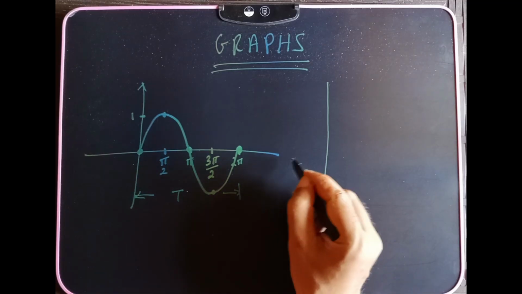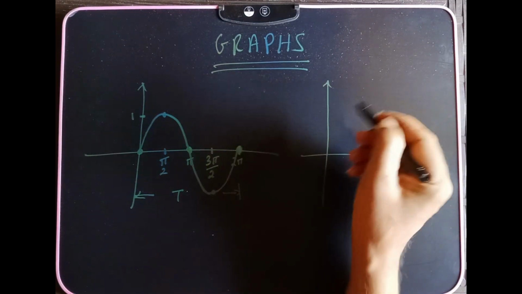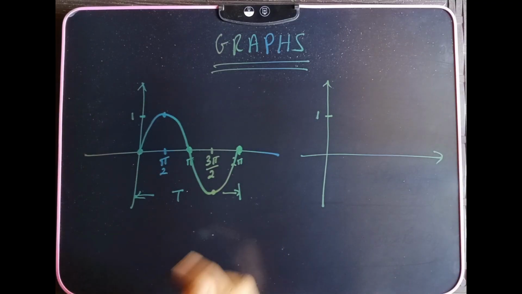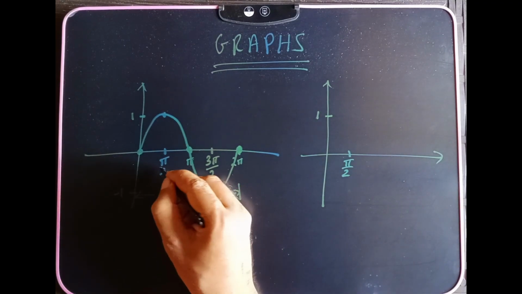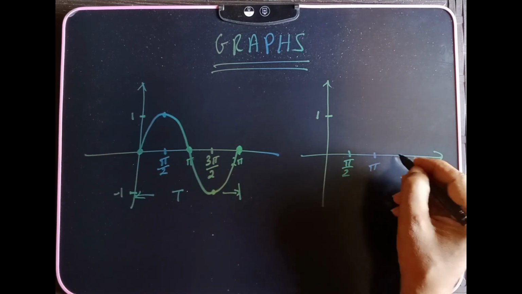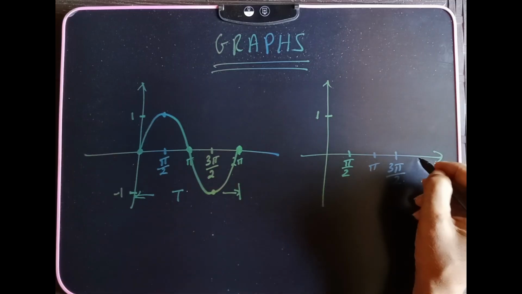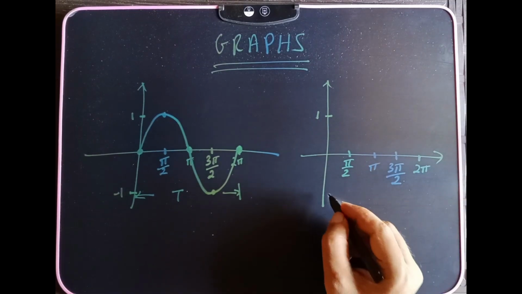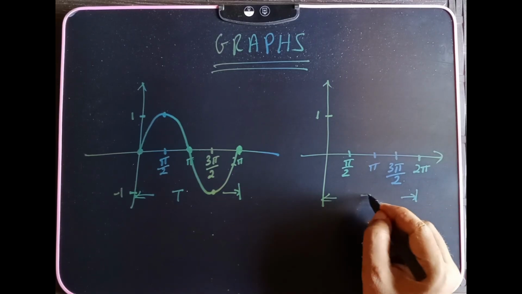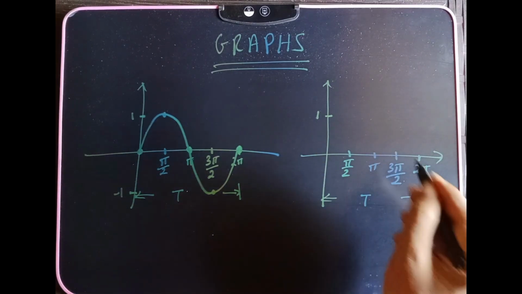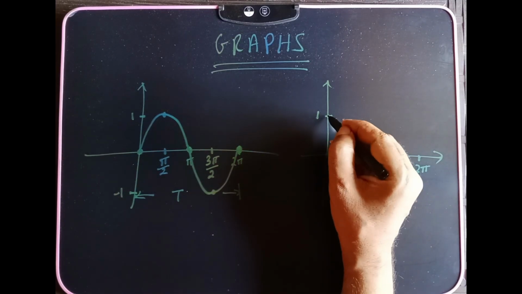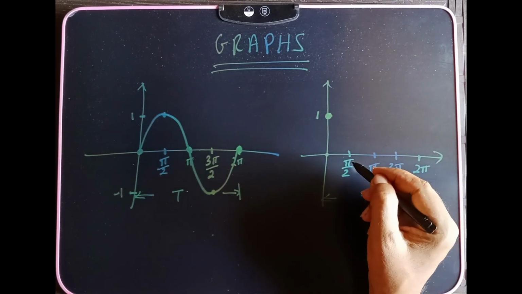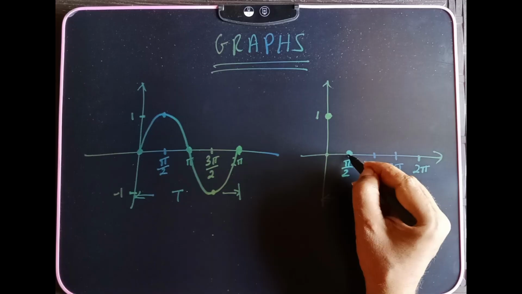Now we'll draw the cos graph. We'll take minus 1 here, and this is of course 1. Same intervals we'll take: pi by 2, this is pi, this is 3 pi by 2, and this is 2 pi. This is the full time period, from here to here, the entire rotation around the circle. Cos of 0 is 1, so we draw a dot here. Cos of 90 is 0, we draw a dot here.